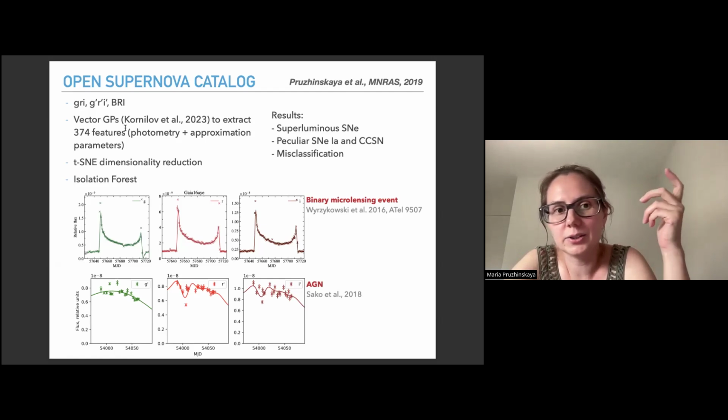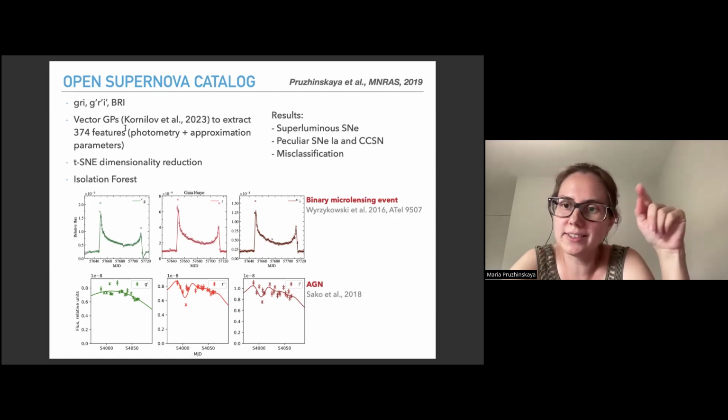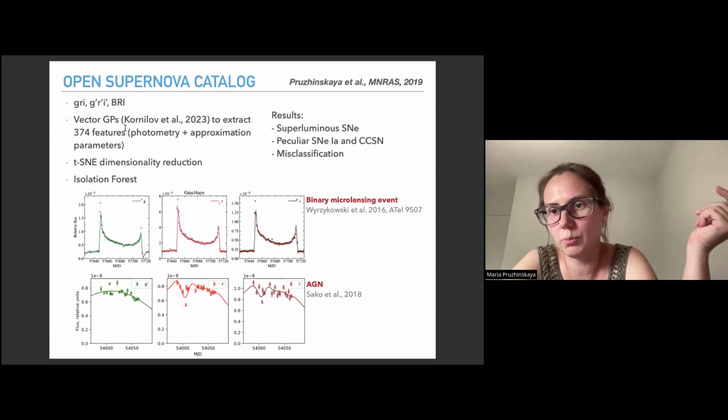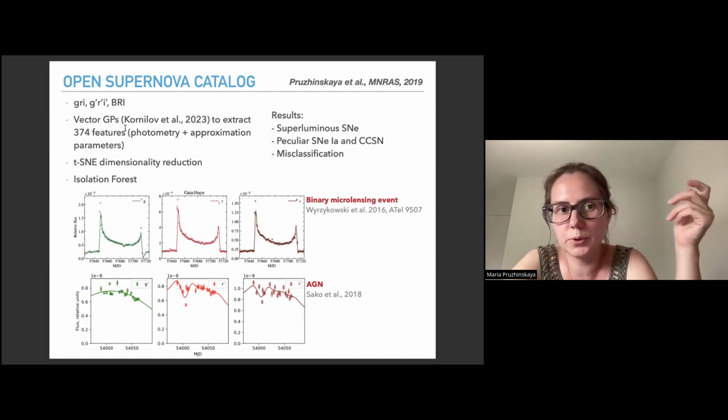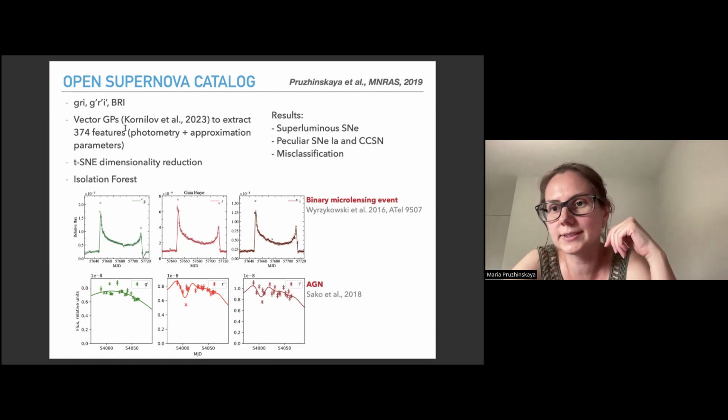Then this approximation works in such a way that it looks at the shape of the light curves in a band where you have more photometric points and mimics its behavior. There is no physics inside. It's pure math, but for some tasks, it's still quite useful.